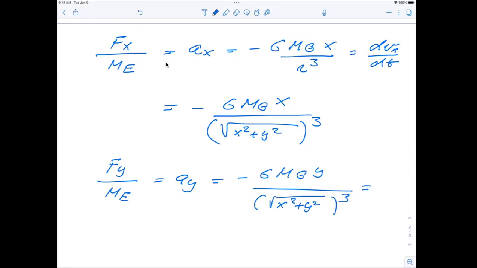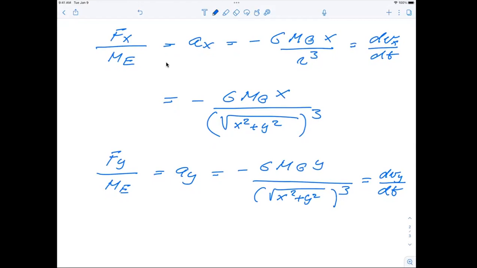And this is equal to dvy/dt. Then when we have these expressions, what we could do next is to put up that the velocity v of x is equal to dx/dt, and v of y is equal to dy/dt.